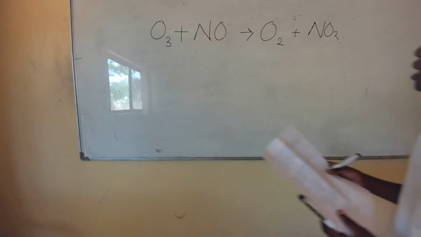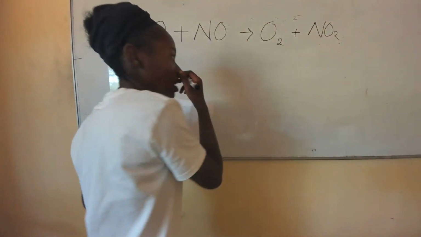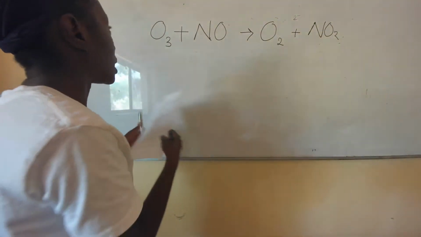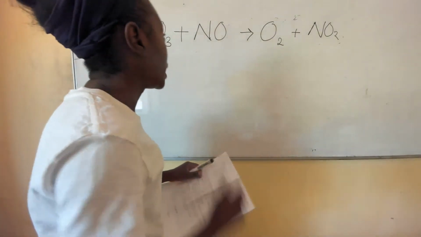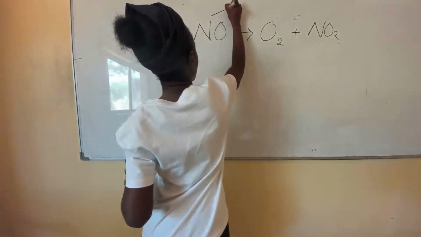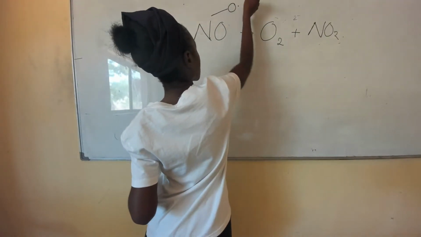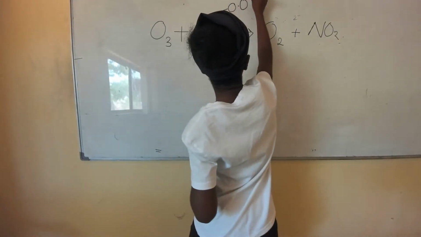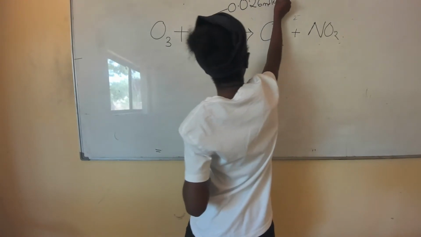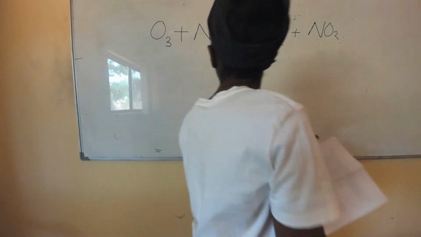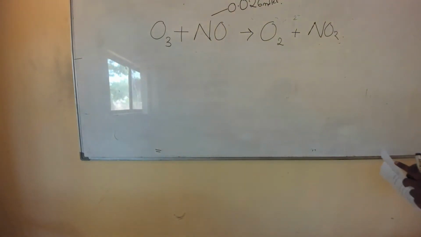Okay, so to calculate the mass of the excess reagent remaining at the end of the equation, remember, NO was our limiting reactant, right? NO was our limiting reactant, and we found the number of moles of NO as 0.025 moles. And then the reagent that was in excess was ozone.